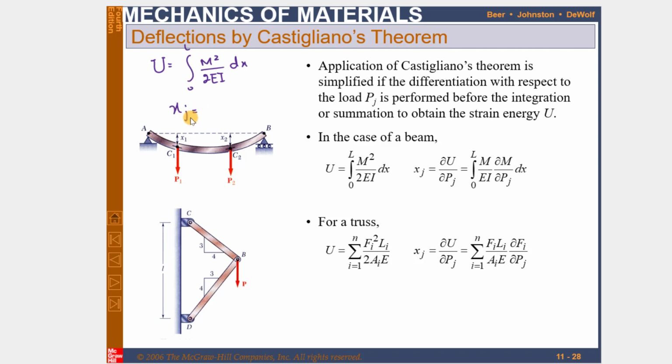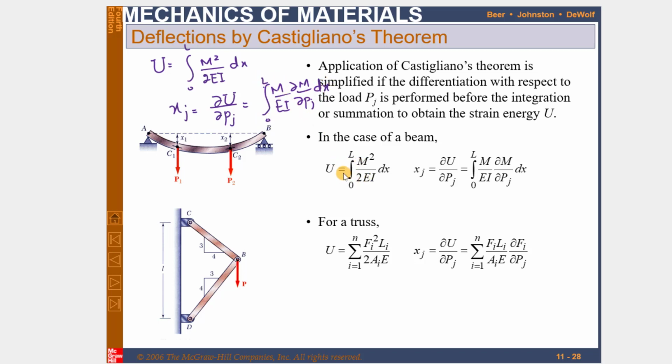If there are 3 loads, j starts from 1 to 3, so j is equal to 1, 2, 3. Clear? So for the generalized term, xj is equal to partial u over partial Pj, and that will be equal to the integral from 0 to L of M over EI into partial M over partial Pj into dx.